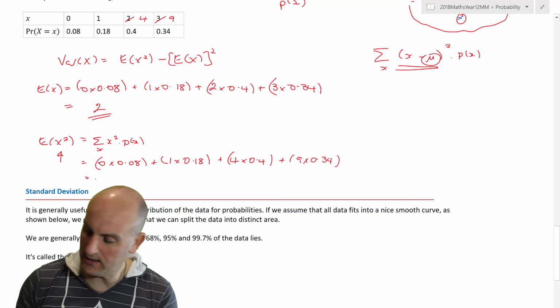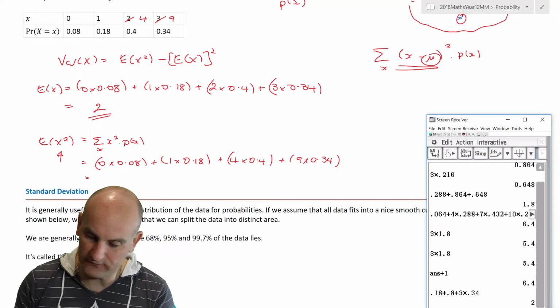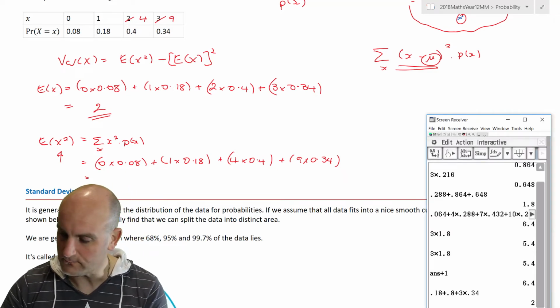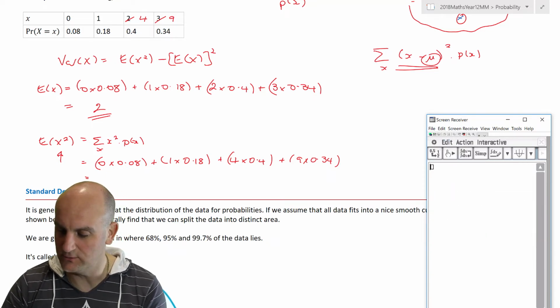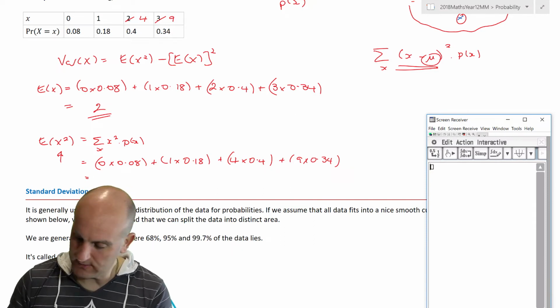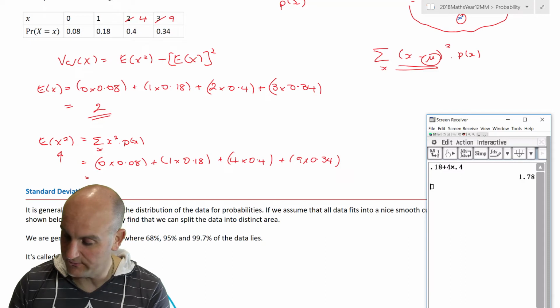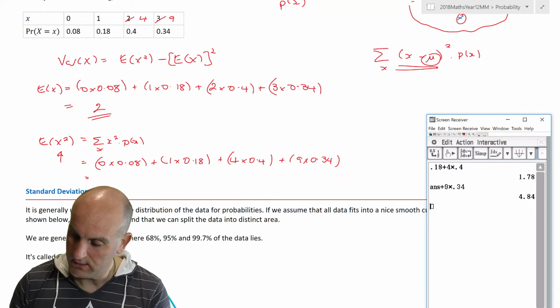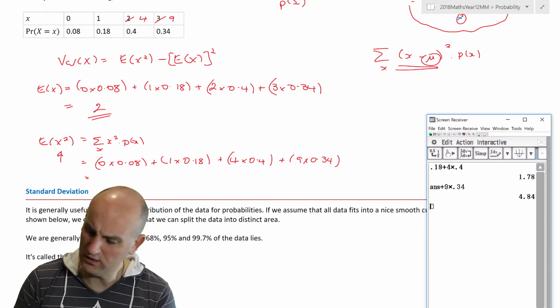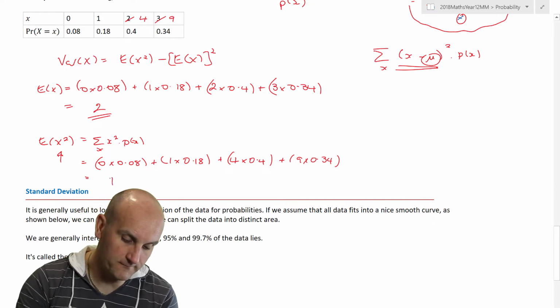Putting those together on my trusty CAS, let's clear all that so that we've got some space on the screen. So we get 0.18 plus 4 times 0.4, which to be fair I could have done in my head, plus 9 times 0.34 gives me a grand total of 4.84.